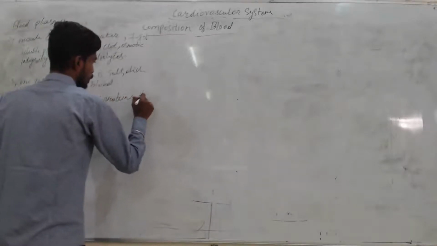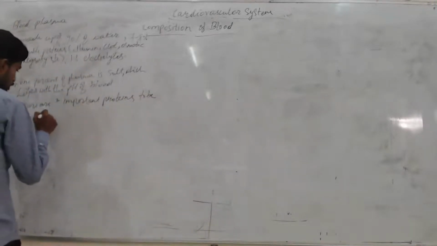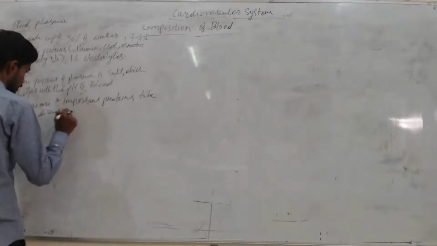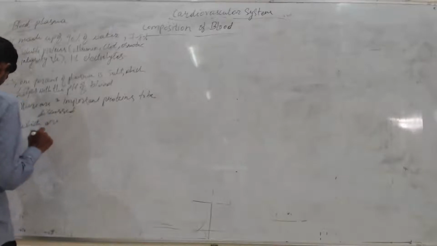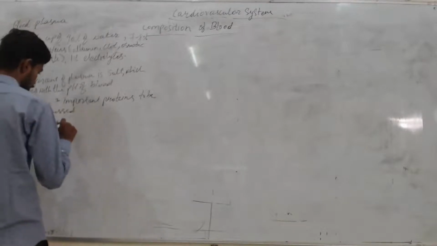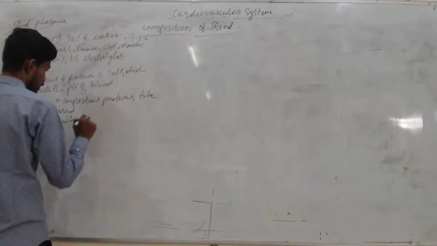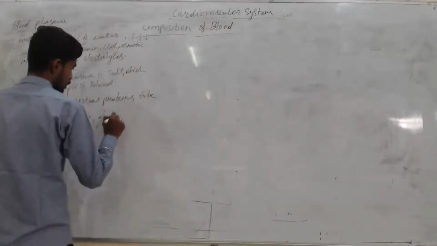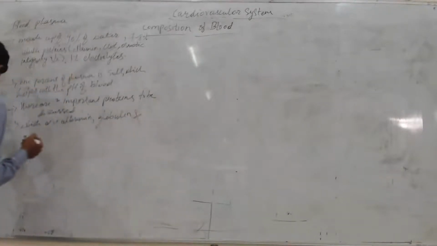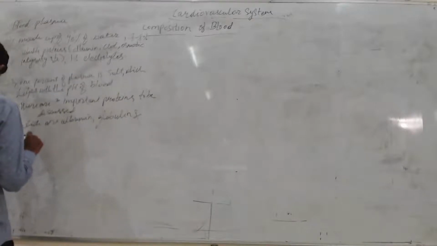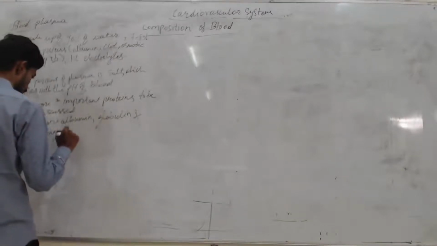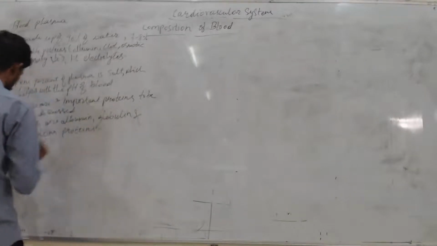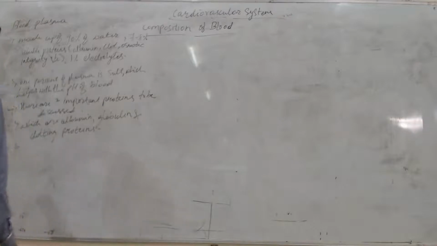These are the three main important proteins to be discussed in the blood plasma.